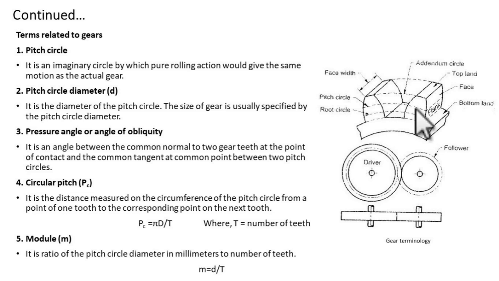When the gear starts rotating, a rolling happens at the point of contact, and the pitch circle represents the same nature of rolling motion by an imaginary circle. So this imaginary circle by which we can obtain the same rolling condition as we achieve by using the real gear is called pitch circle.